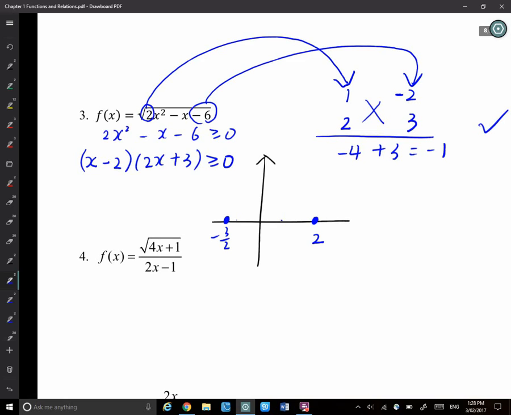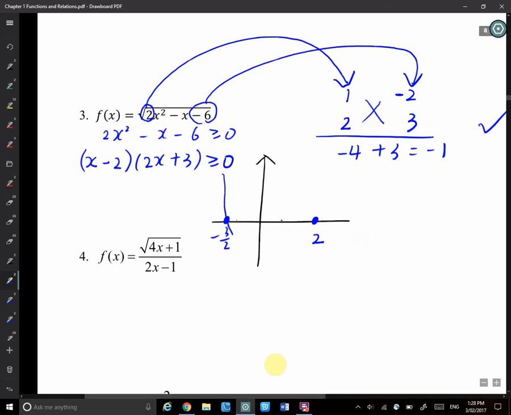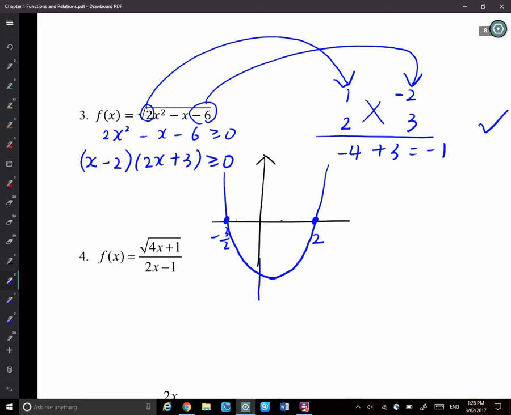If I sketch the left-hand side, it's a happy graph, smile face, because of the positive x squared. So the graph will look like this, roughly. I don't care about the turning point for this case. I just roughly draw the graph and find the x-intercepts.